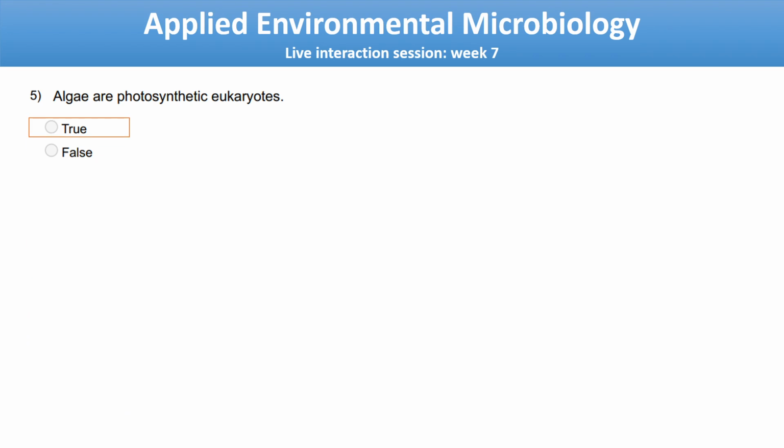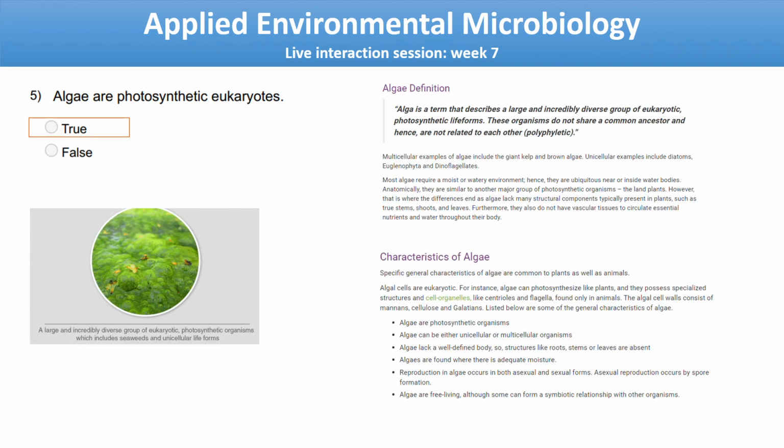Yes, it's a true statement. So over here you can see a picture of algae. Most of you can see this kind of organism growing because of the presence of moisture in the environment.